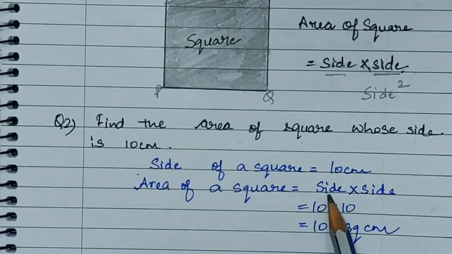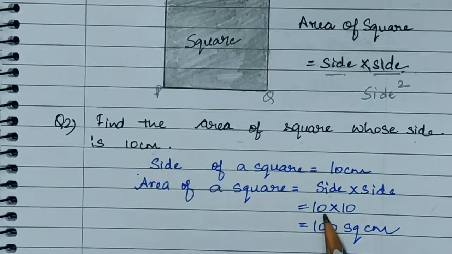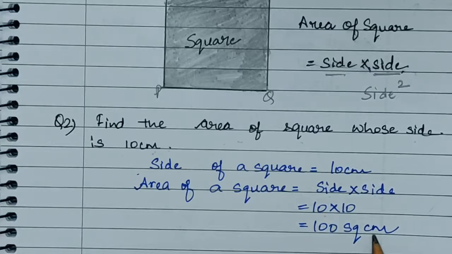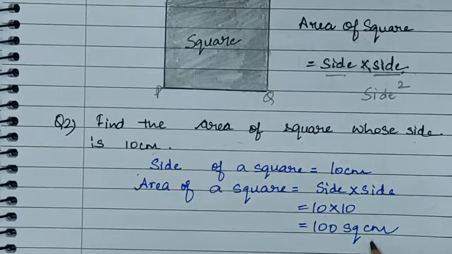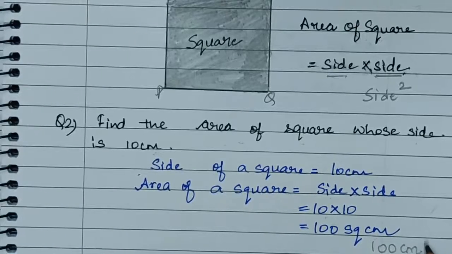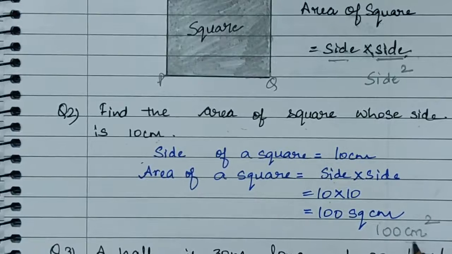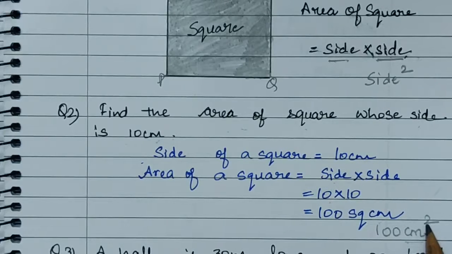Now side is given 10 centimeter. So put here 10. 10 into 10 gives you 100 square centimeter. You can also write it like this: 100 centimeter square. We call it centimeter square.